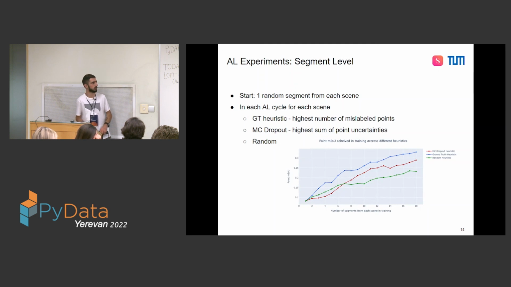We showed that nearly 40% of segments from each scene need to be annotated to get a performance close to the original PointNet performance trained on the whole training set of the ScanNet. So it's something around 0.45 mean IOU. It's a pretty early method, the PointNet++, and nowadays there are more sophisticated methods achieving something around 0.7 mean IOU. And maybe can I ask another question?